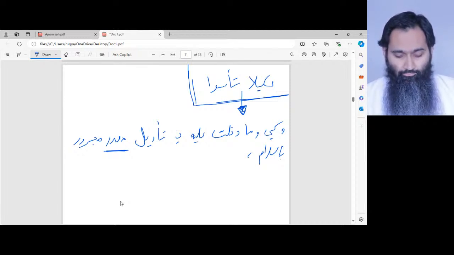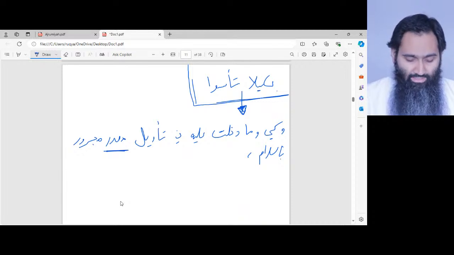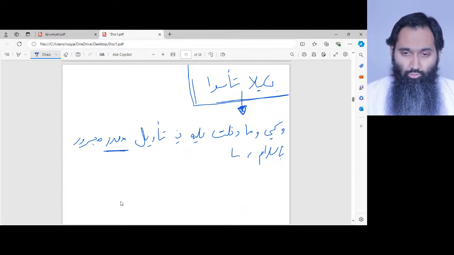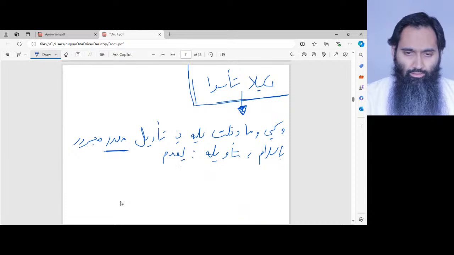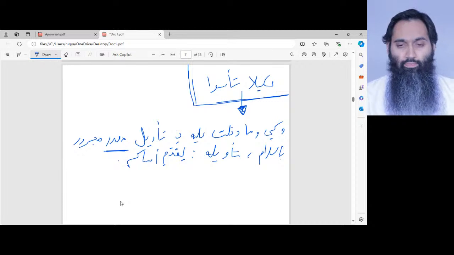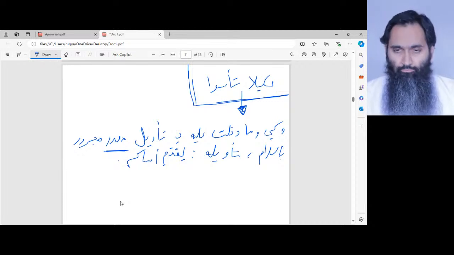Now, as you rightly mentioned, ta'wiluhu, his interpretation, would be li-adami asakum, لعدم أساكم.